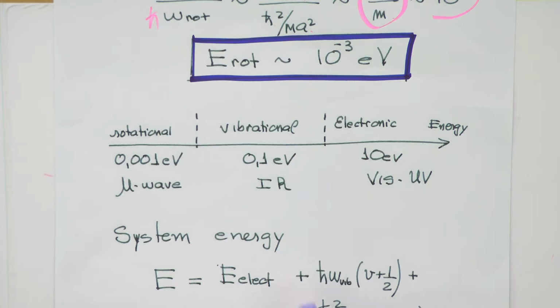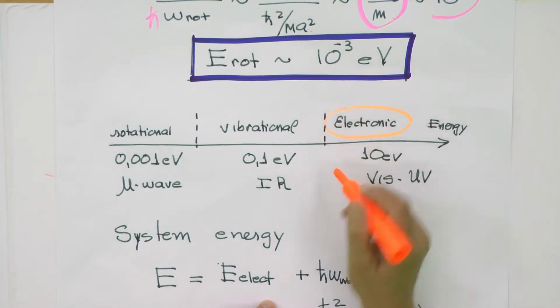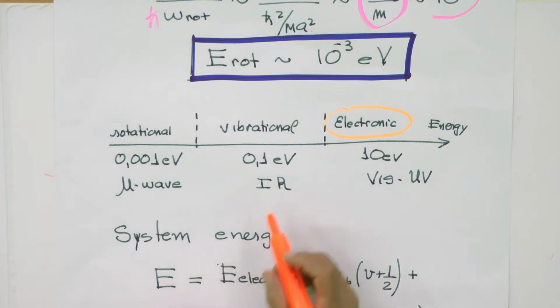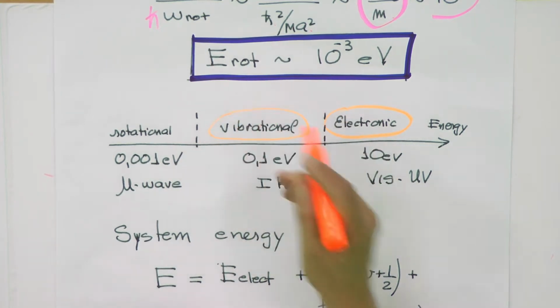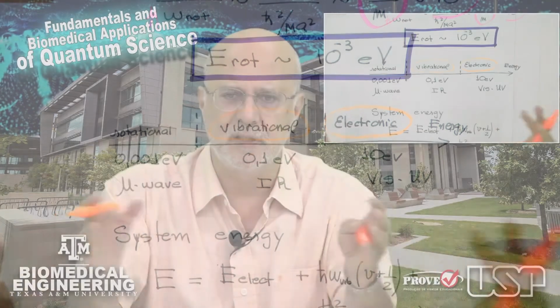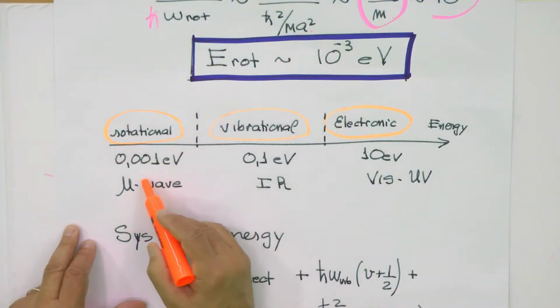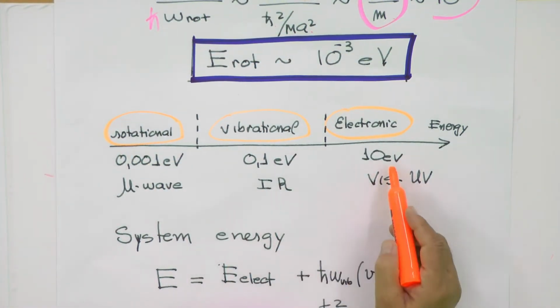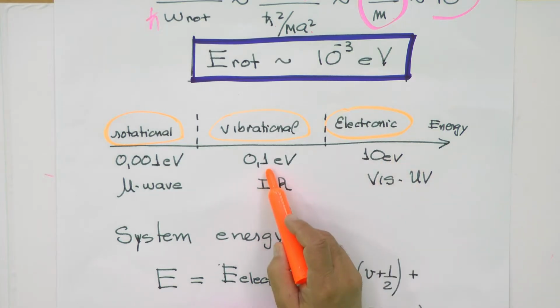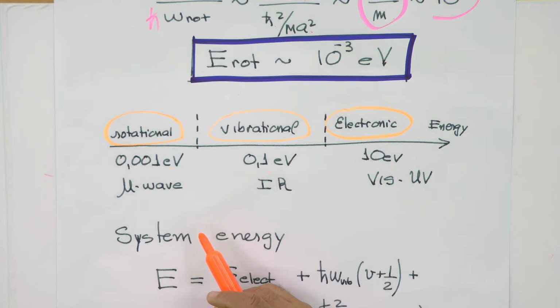That's the energy scale. We have the most energetic part of the molecule, the electrons, which is the chemical bond. Then followed by vibrations, which is the freedom for the nuclei to move relative to each other. And finally the rotation, with much less energy. This is 10 electron volts, this is 0.1, and this is 1/1000 of an electron volt.